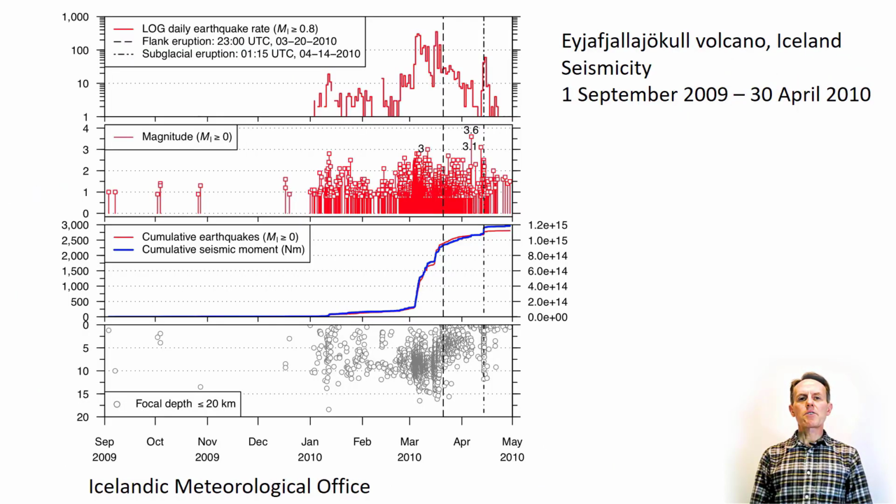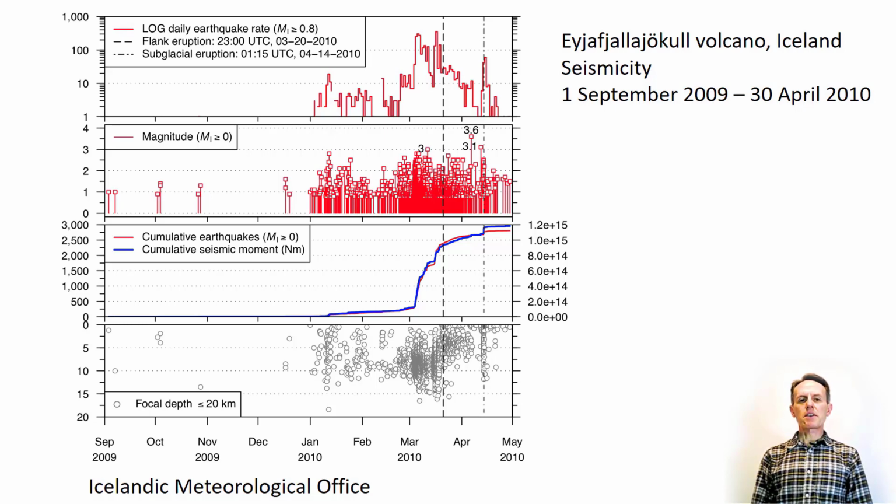Another way to evaluate the seismic activity is to look for temporal changes. As an example, this graph of seismic unrest shows temporal changes in seismicity beneath the Eyjafjallajökull volcano in Iceland, as recorded by the Icelandic Meteorological Office using the National Seismic Network in Iceland. Each graph spans the period September 1, 2009 to April 30, 2010.